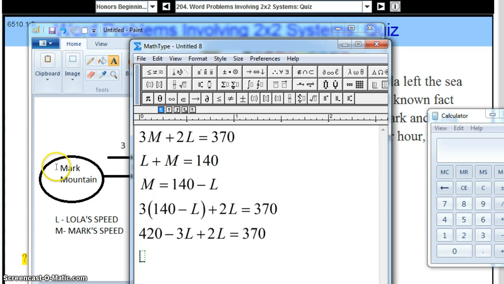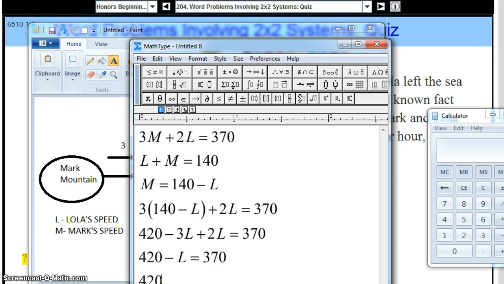Okay, and now combine like terms. So we'll get negative L here. So 420 minus L equals 370. I would add L to this side to get it positive and then subtract 370 from 420. So let's kind of swap those around.